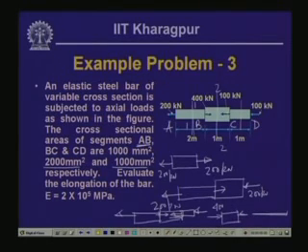So, the first part is under tensile pull of 200 kilonewton, the central part is under compression of 200 kilonewton, the third segment is under compression of 100 kilonewton.